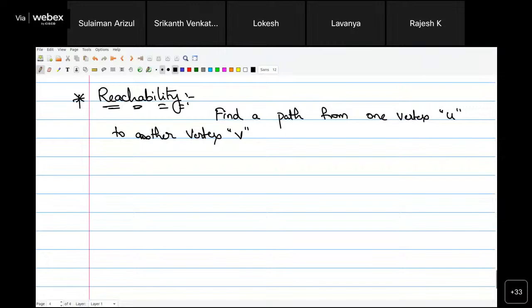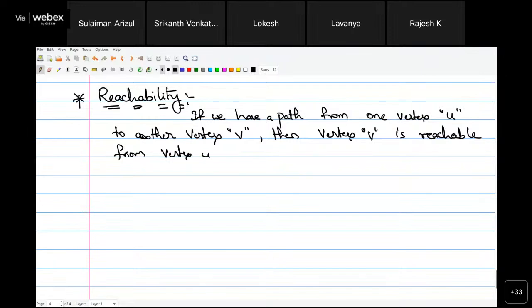Reachability means if we have a path from one vertex u to another vertex v, then we say vertex v is reachable from vertex u. Simply it says that if you are at u and there is a path, you can travel to v.